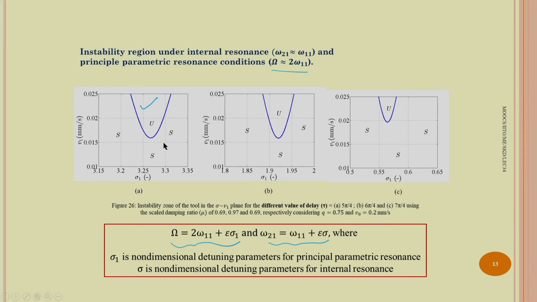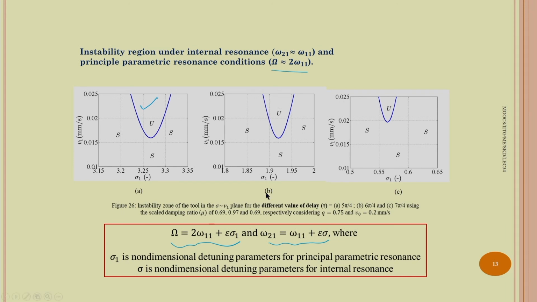So, you can observe how the instability region varies. In the last case, when the delay is taken to be 7 pi by 4, you have a very small instability region and for most of the cases the system remains in the stable region.